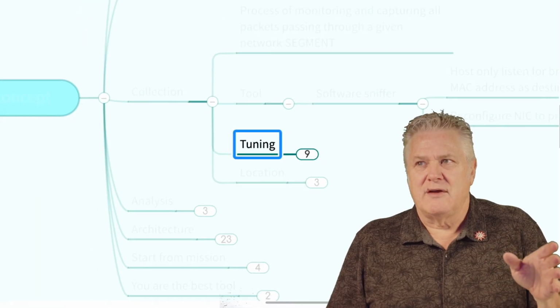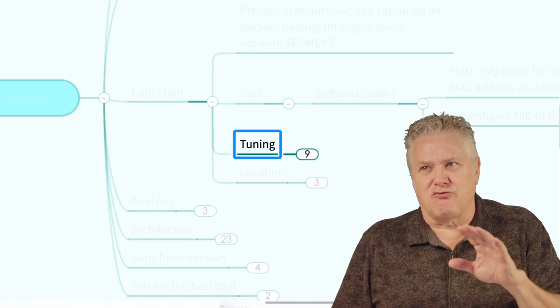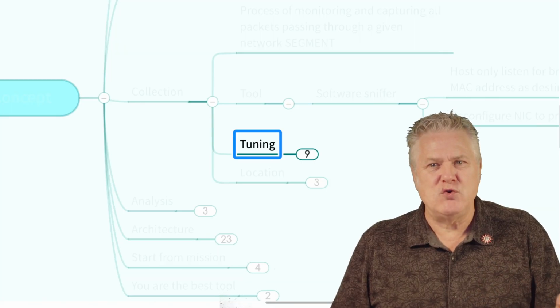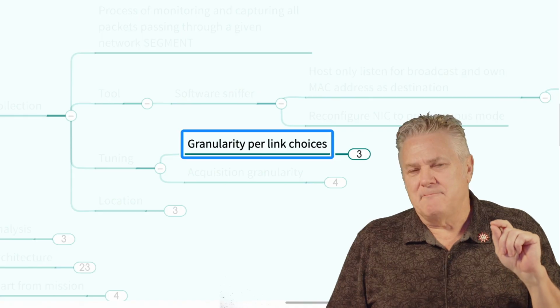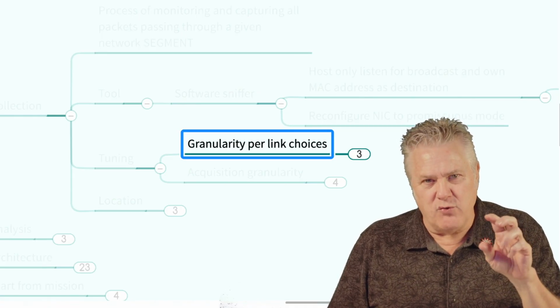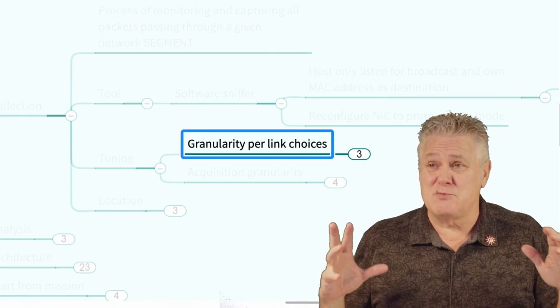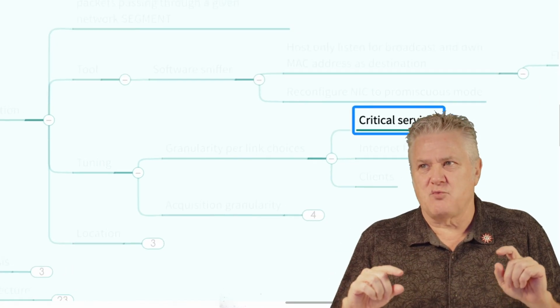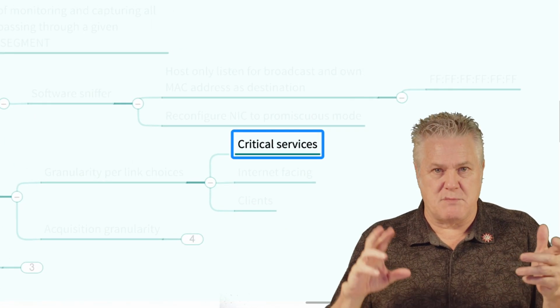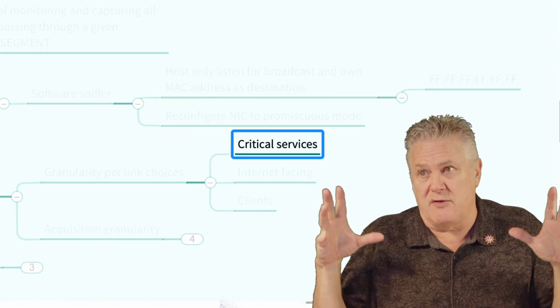Now, once we've got that software sniffer running, we have to tune all of this. This granularity of tuning, how are we going to adjust this? Because this could be huge amounts of data. We do that on a per link choice. We look at the critical services. Maybe we turn up the listening and capture all of the packets.